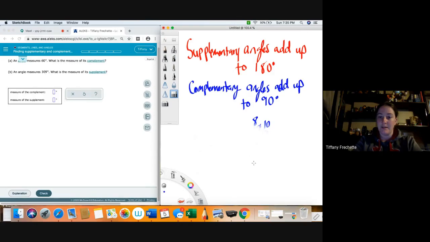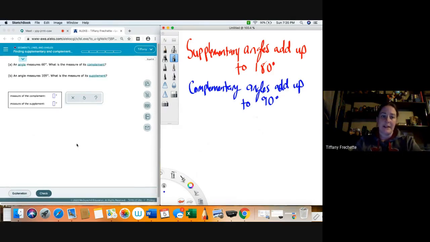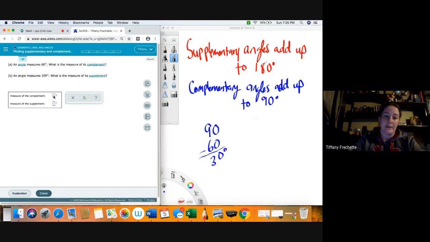Erase these. Okay, so part A here, it says an angle measures 60. What is the measure of its complement? I'm going to stick with the blue here since we're doing complement first. Remember, complement means they add up to 90 degrees. If I have a 60-degree angle, I'm just going to subtract the two, and that tells me its complement is 30 degrees. So I'm going to go here and put 30 degrees.